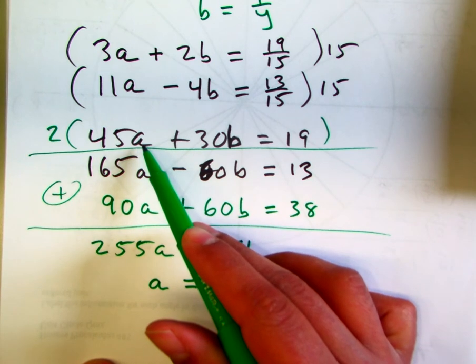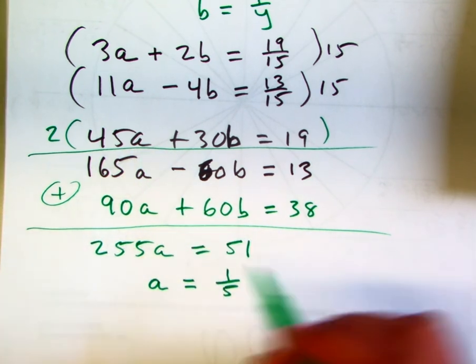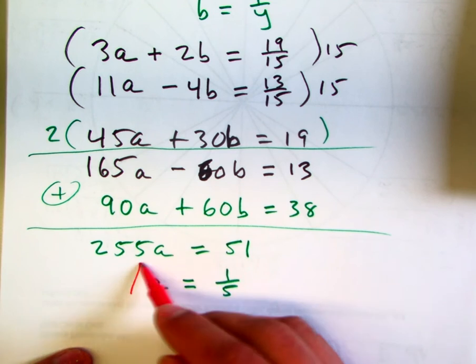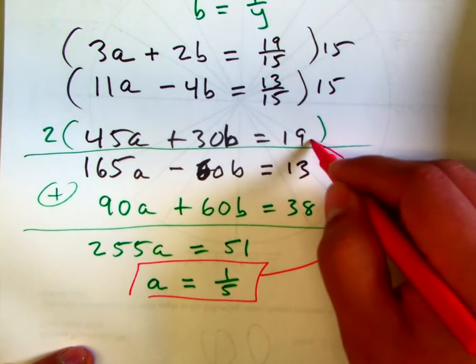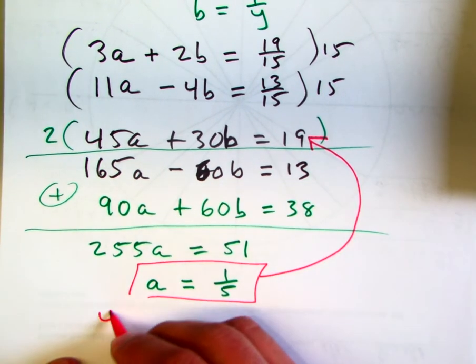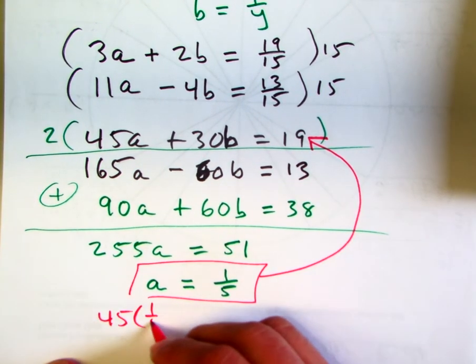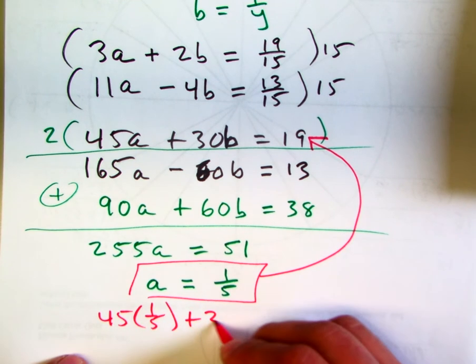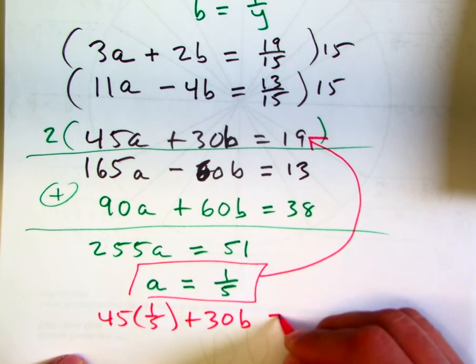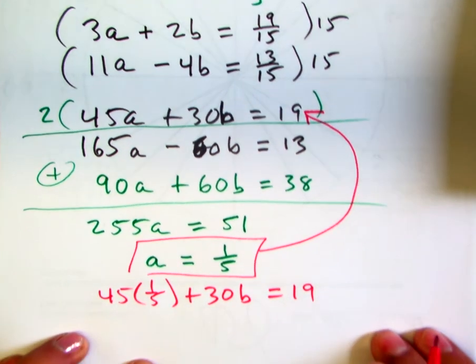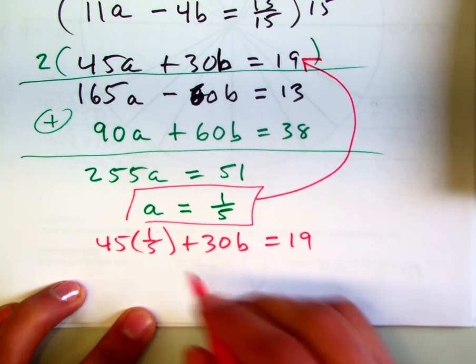So we plug it in here: 45 times a, which is 1/5, plus 30 times b equals 19. 45 times 1/5 is 9.